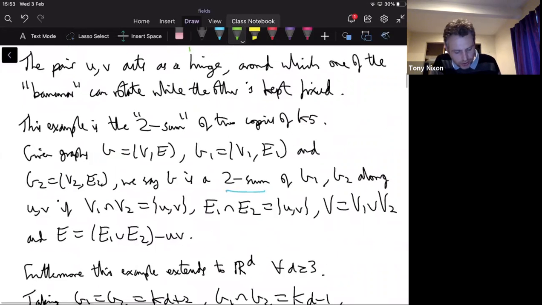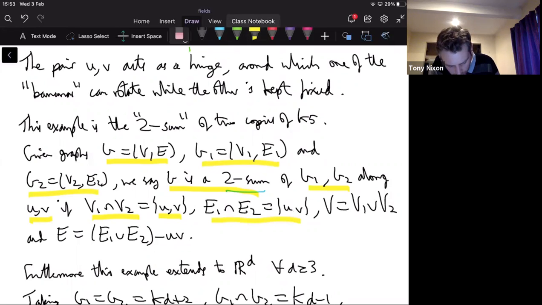Okay, so let me generalize a little bit. I want to define a 2-sum. I give you graphs G, G1, and G2 with the respective vertex and edge sets. Then we say that G is a 2-sum of G1 and G2 along the pair UV if the 2 graphs G1 and G2 intersect exactly in U and V, if UV is an edge in both G1 and G2, and the vertex set of G is the union of the 2 vertex sets, and the edge set of G is the union minus UV.